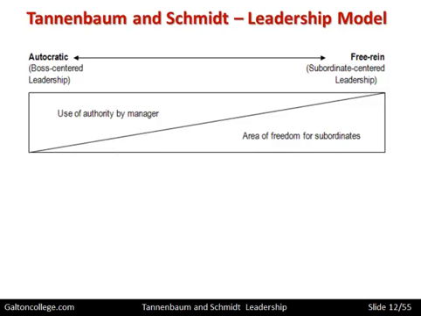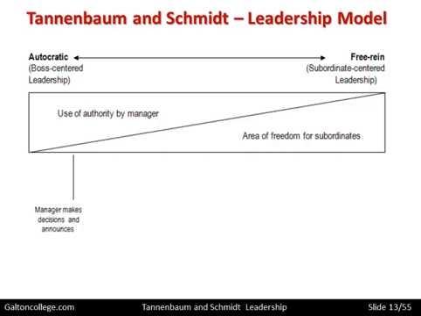So we have this line of authority that runs through the little rectangle we've got here. This diagonal shows complete autocratic behavior by the management on the bottom left, and on the top right, total control by the employees. And there's a range in between where there's a mixture of both.